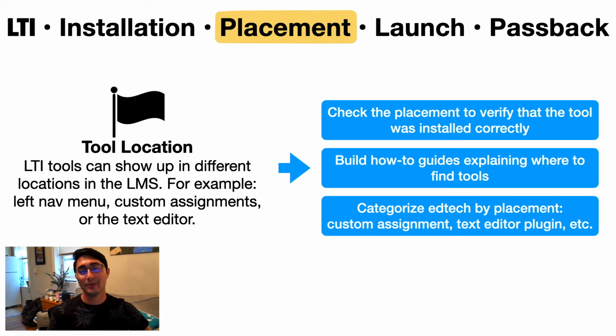And then next, it helps us support people by building how-to guides, explaining where to find and how to use the tools. If you know where the tool will show up, it's easier to explain to people how to use the tool. And then finally, I've found that it's useful to categorize EdTech by the placement. So you might have a category of educational tools that are custom types of assignments.